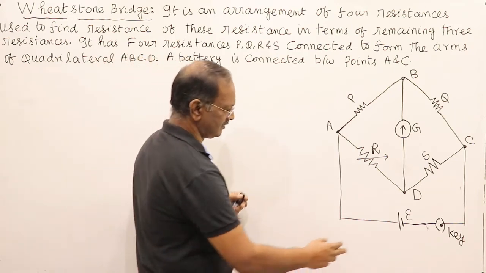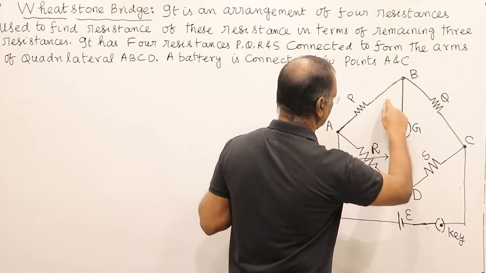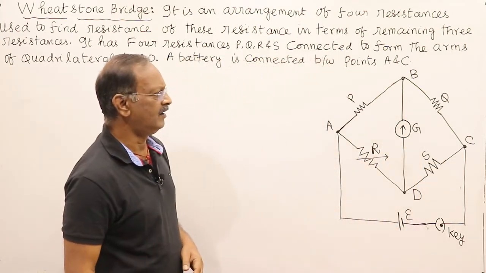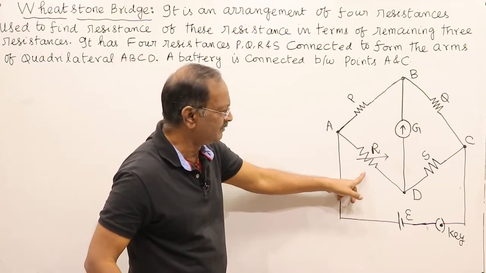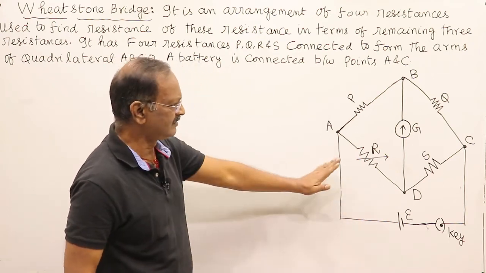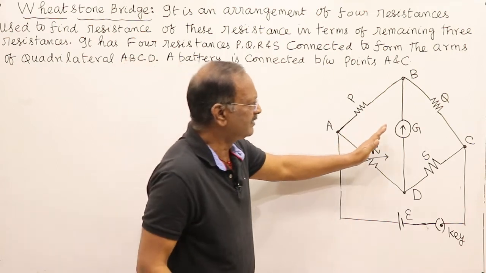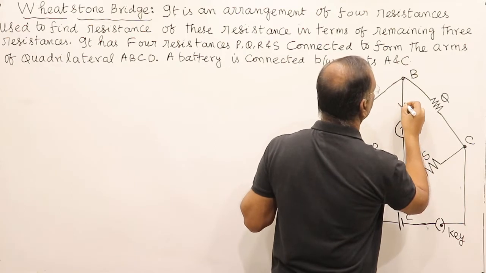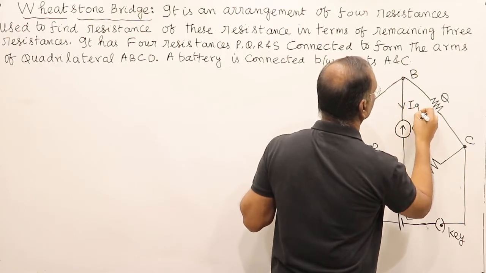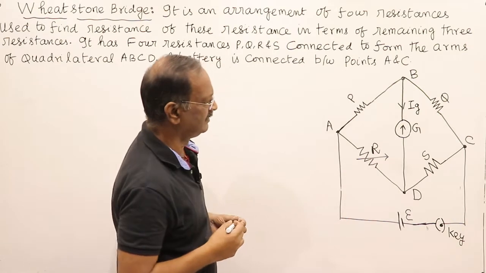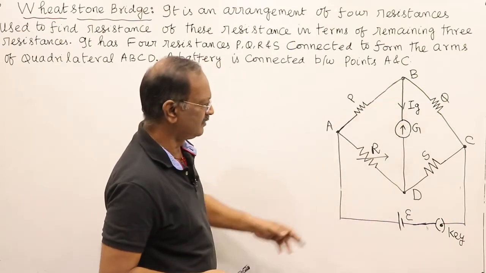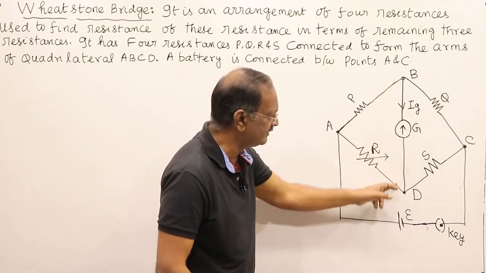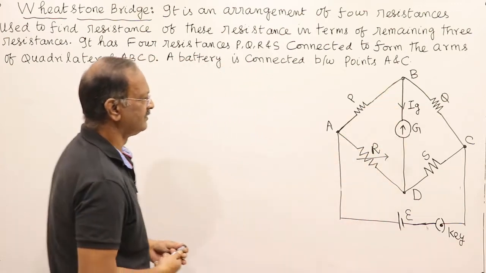When the key is closed, current will flow in all the branches, and the galvanometer shows the presence of current, that is the current IG through this galvanometer. So by adjusting R, the current flowing in this branch is made equal to 0.